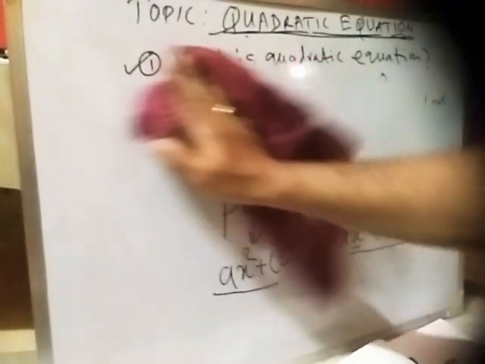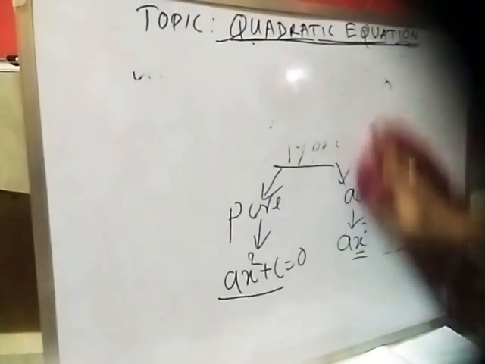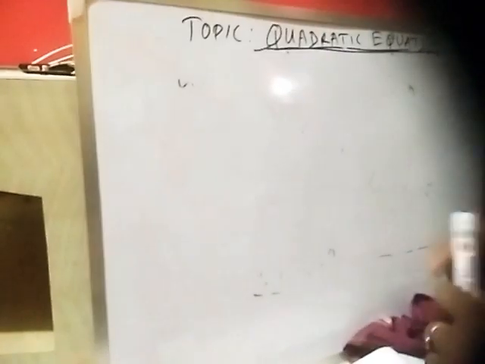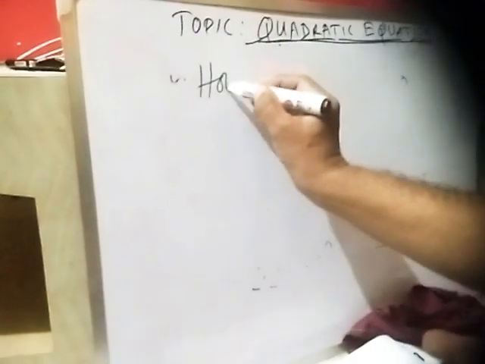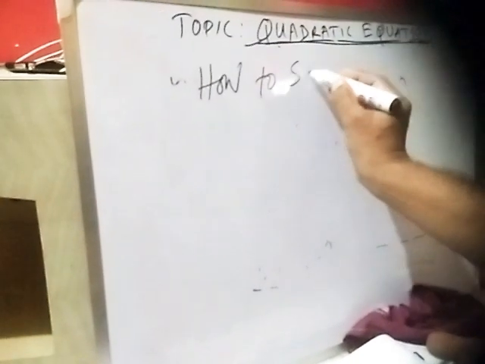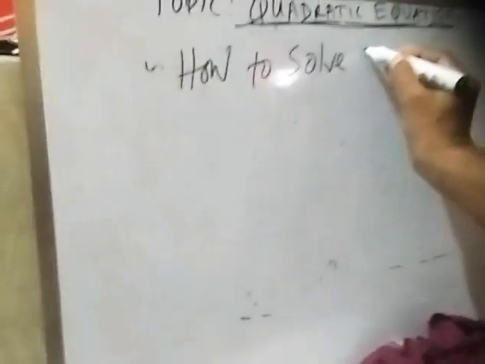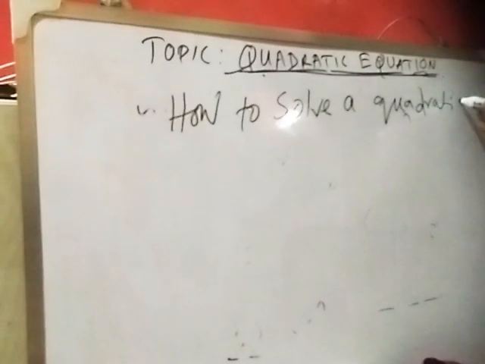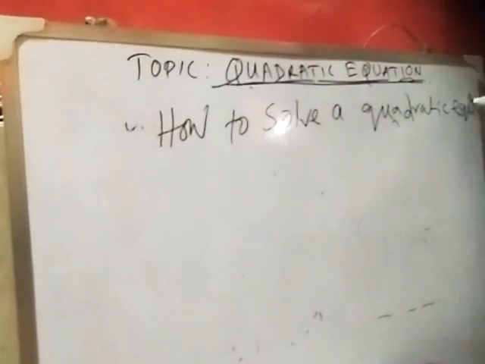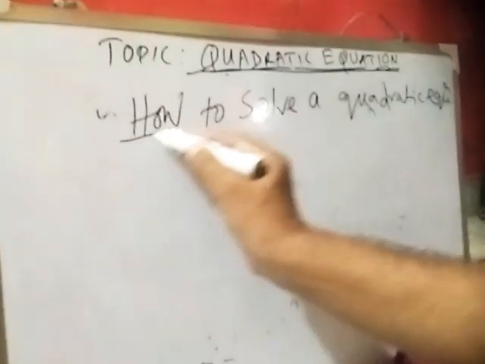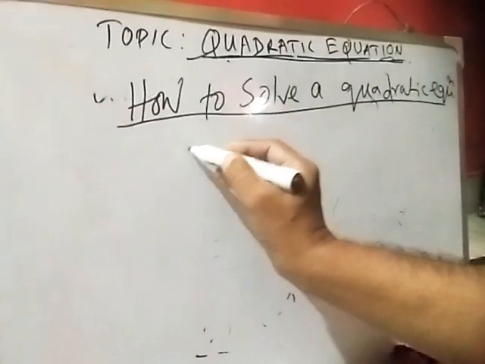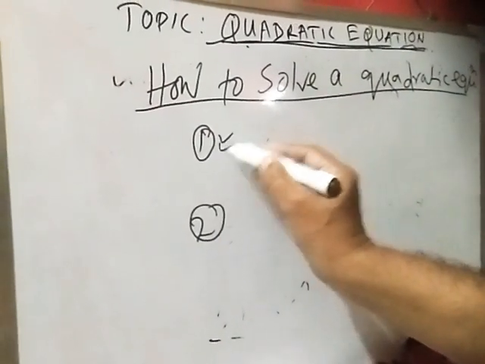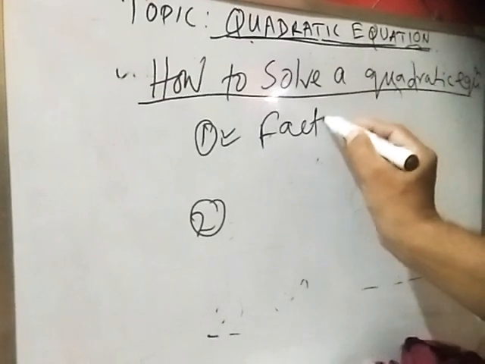Now we will proceed to the next step, that is how to solve a quadratic equation. We have 2 methods. The first one is the factorization method.